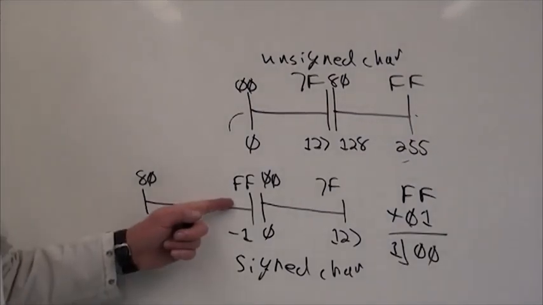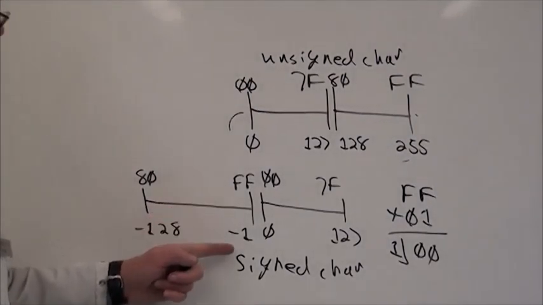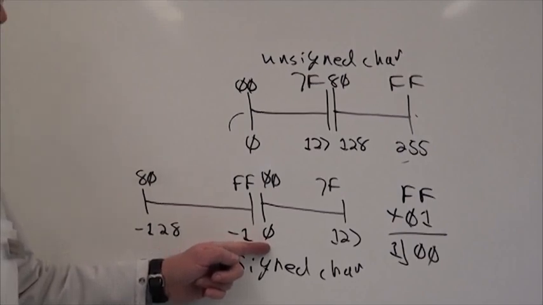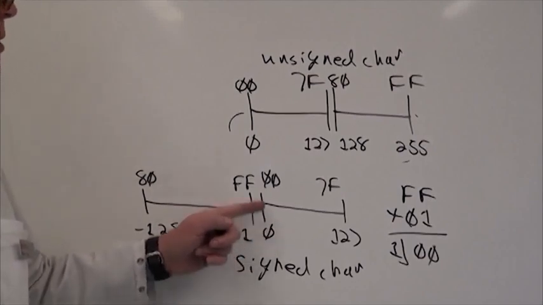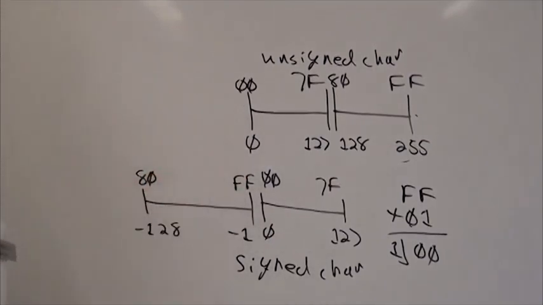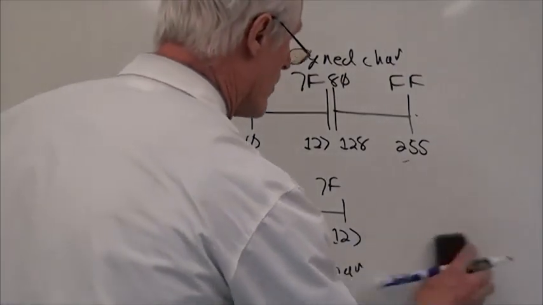However, FF plus 1 is not a problem here because FF is -1 plus 1 is 0, which makes perfect sense. So for our signed chart, the carry is not how we determine whether or not we have a signed overflow. So let's take a look at how that works.